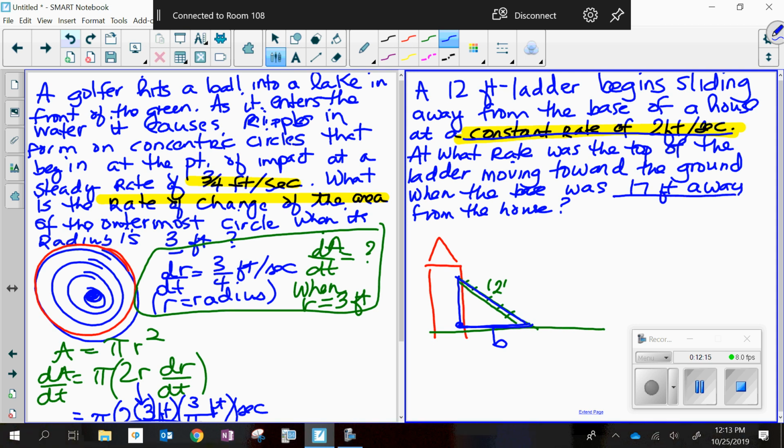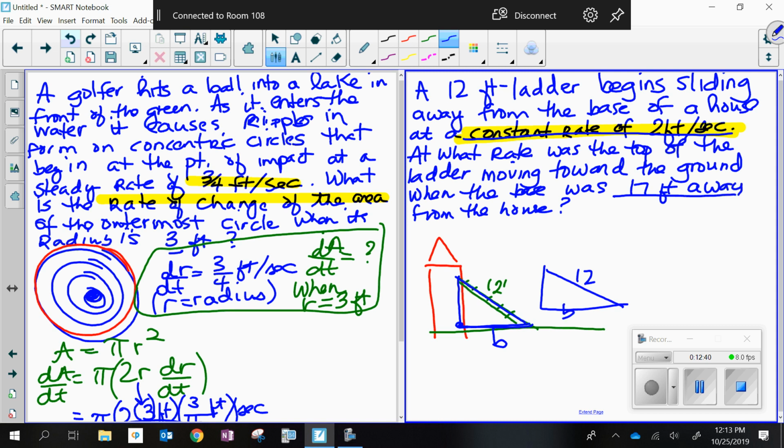Oh, at what rate is the top of the ladder moving? So again, the ladder starts sliding, and now it's like this. Everything changes. This little guy changes, and this is still 12. But this one gets bigger and this one gets smaller.